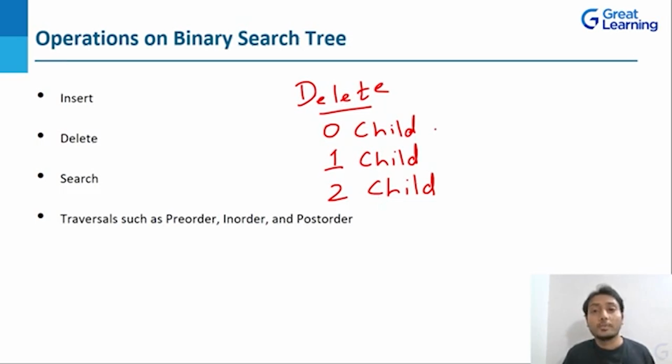A node which has zero children, you don't have any problem, you can simply delete that node. And when you have one child, this also will not cause much issue, because you just delete that node and remove the link. Now the problem is you have to be very careful when you're trying to delete a node with two children. You have to think which should be the next parent node or the root node.